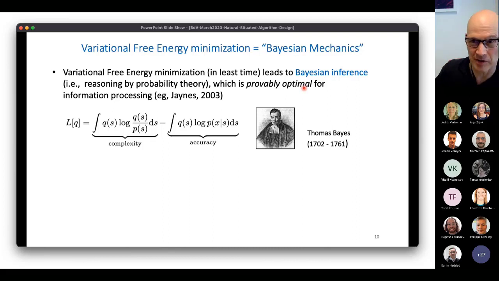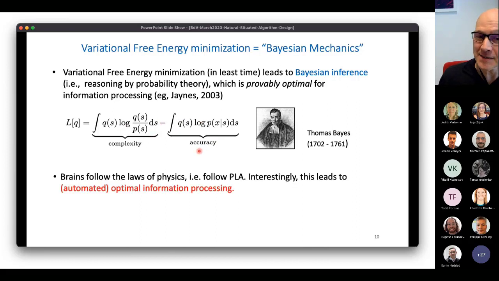Think of Mr. Spock in Star Trek. However, we cannot minimize this globally. Our brains are not perfect, so we do approximately optimal information processing. We make mistakes, but at least our brains try to do the right thing. And I think that's quite amazing.